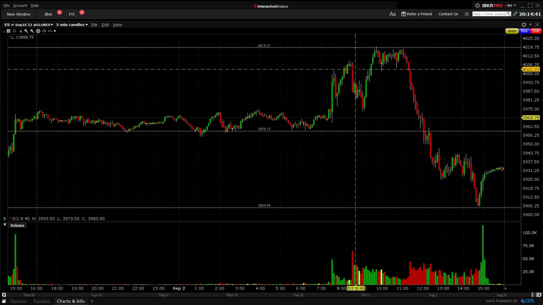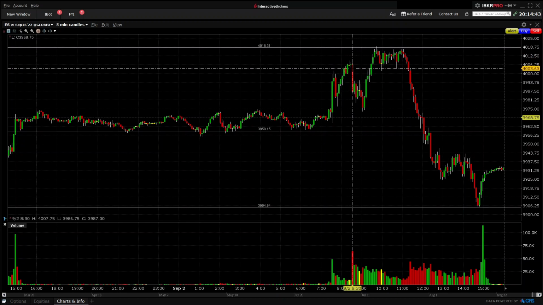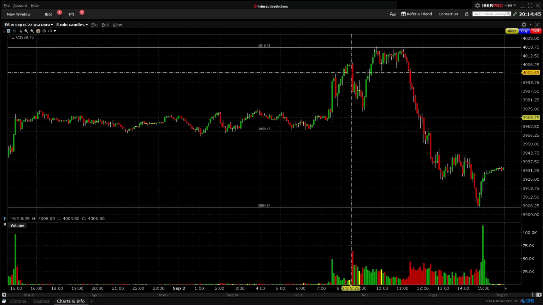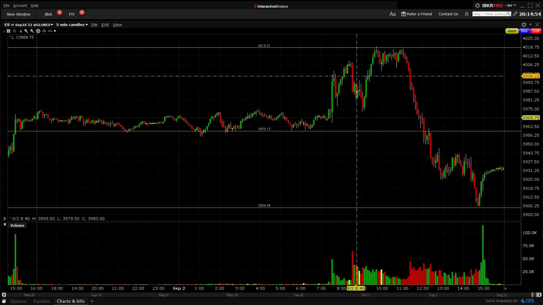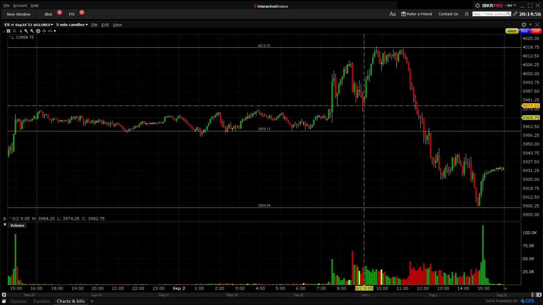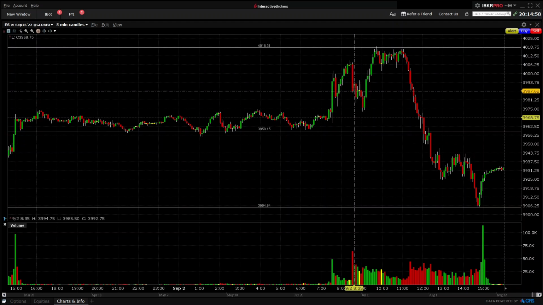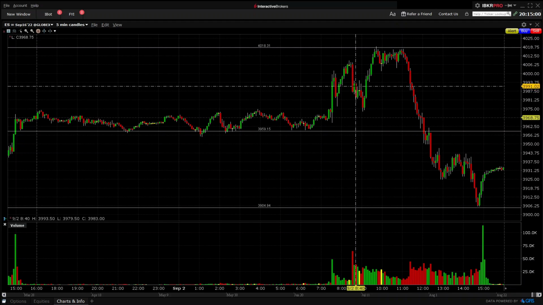So let's just say, for example, I wanted to take this short for a scalp. So we got in here for a scalp trade. Let's say I bought a few puts, a few put contracts, and we're in a nice short position here. We're up pretty nicely, so we lock in some profits because we're thinking this is a scalp.